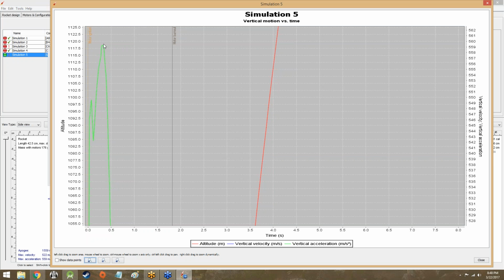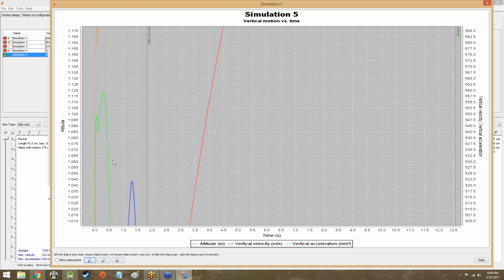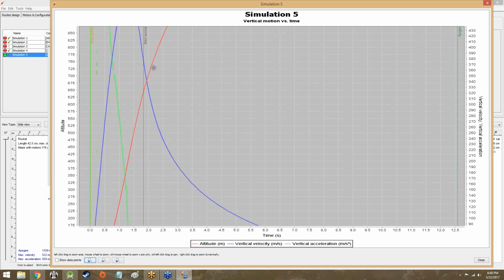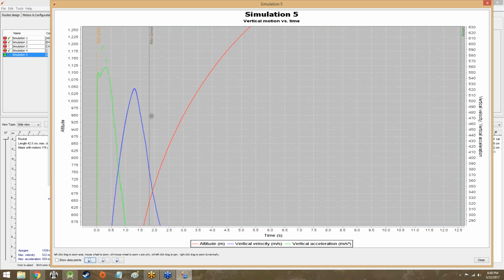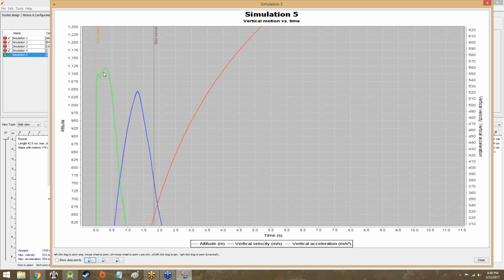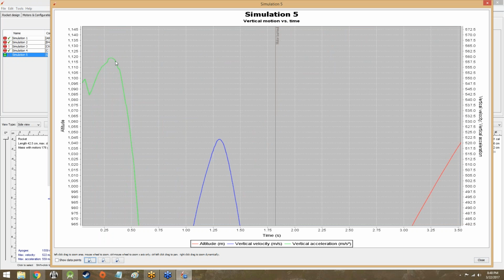Now something happens before motor burnout: our vertical velocity slows down pretty considerably, but our vertical acceleration slows down before that. What do you think is happening right around this little notch right here? Why do you think this suddenly gets all kind of wonky?